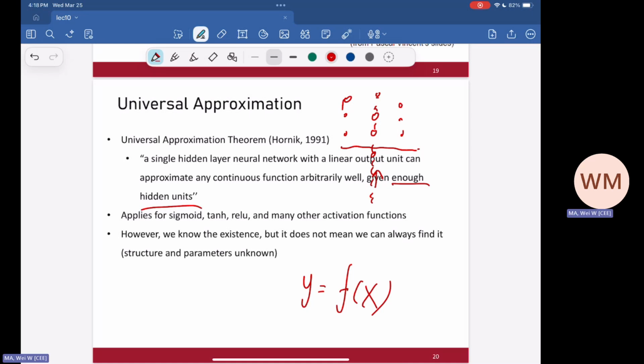It can always be a good choice, because it can approximate arbitrarily well. You don't need to worry about whether the model is strong enough or not. This theorem tells you that the neural network is super strong. It is definitely capable of simulating this f.